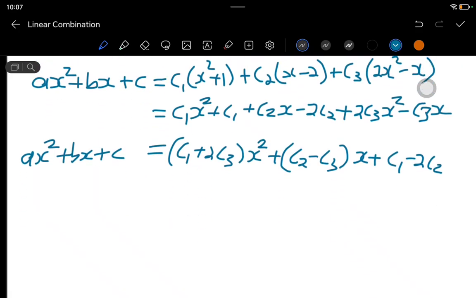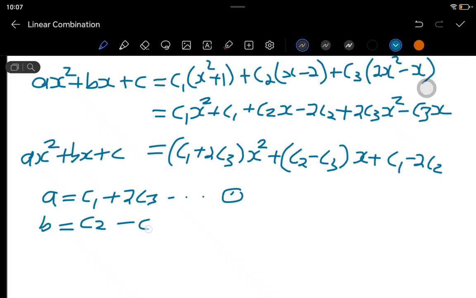So we realize that in this case we have to do the same thing, right? We have to equate this. We have to equate a being equal to c1 plus 2c3. This is equation 1. And then we do the same thing. We take b equated to c2 minus c3, equation 2.